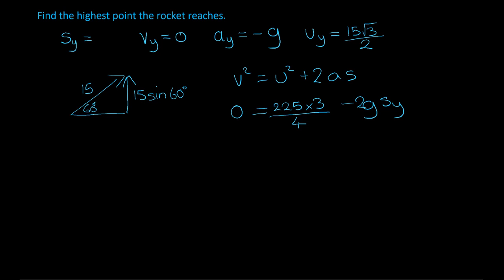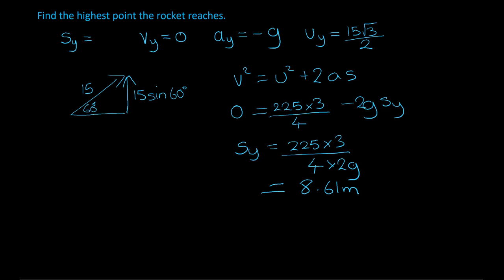Rearranging, sy equals 225 times 3 over 4, divided by 2g. This is a definite calculator job, and we'll get 8.61 meters. However, that is not the answer to our question.